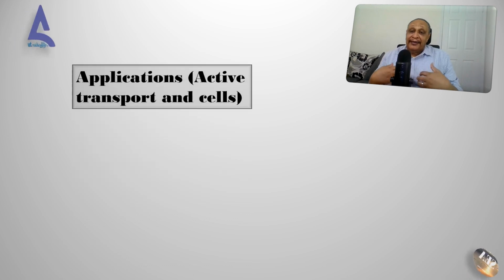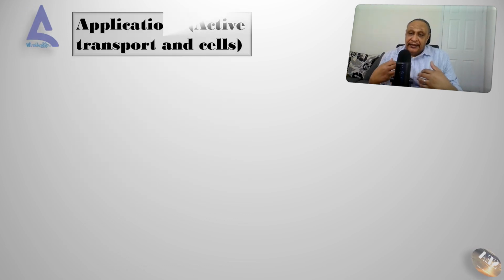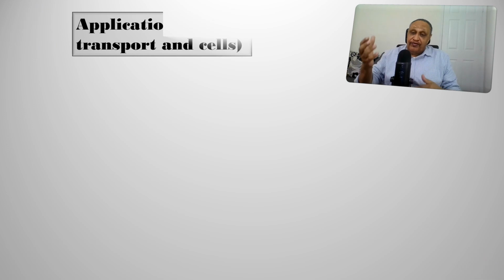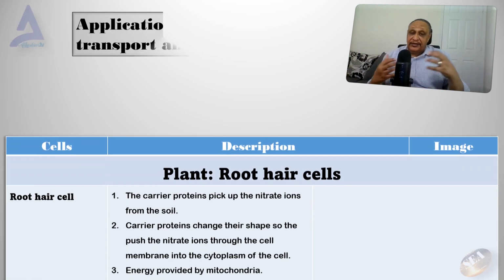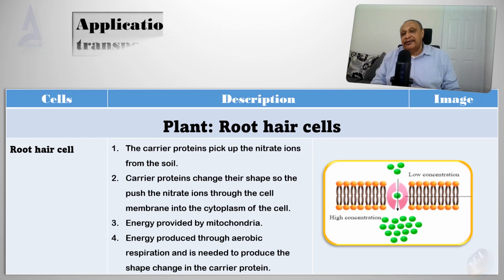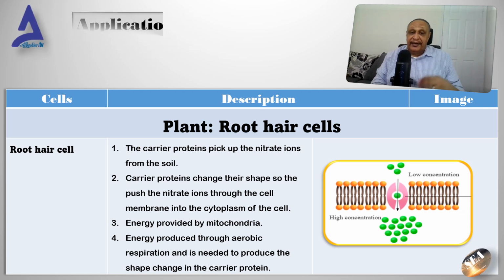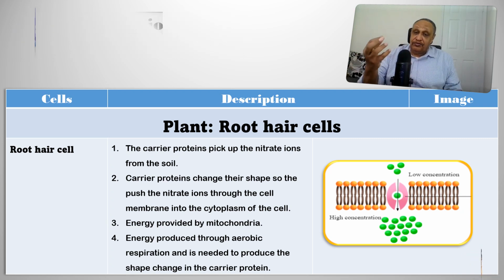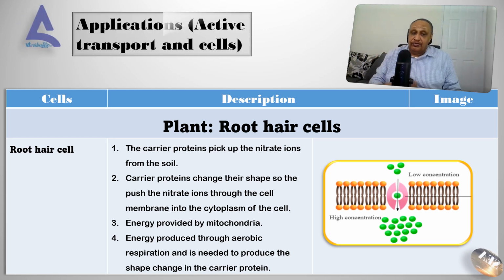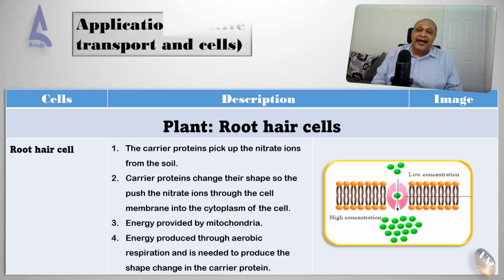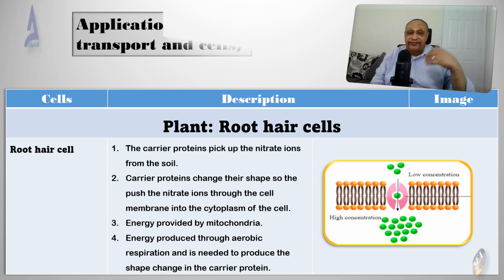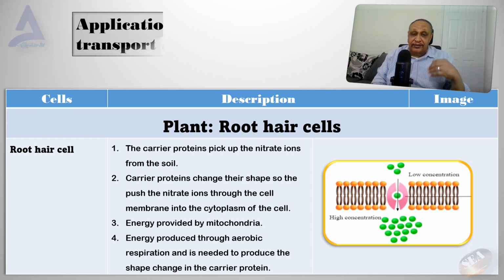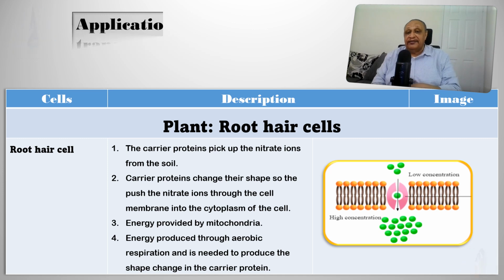Now, as we said before, the carrier protein changes itself in order to allow the nitrate to come into it, then pass through against the concentration gradient. That means it is going to move from the soil into the inside of the cell, and then the carrier protein changes itself through the membrane. Energy is provided by mitochondria.